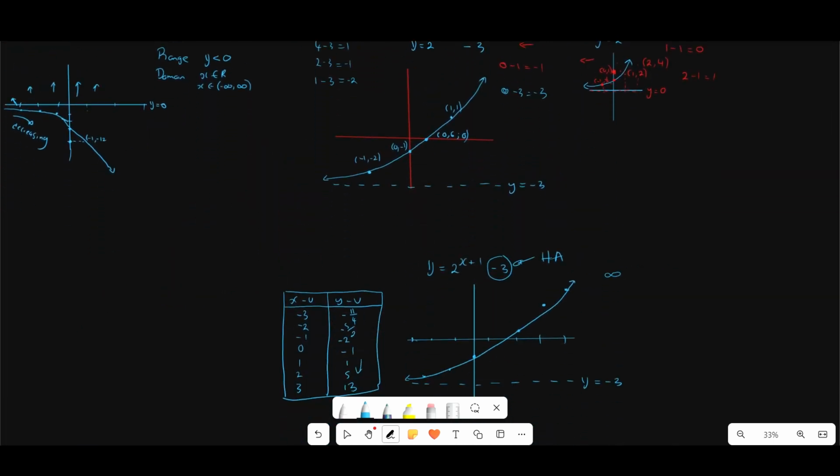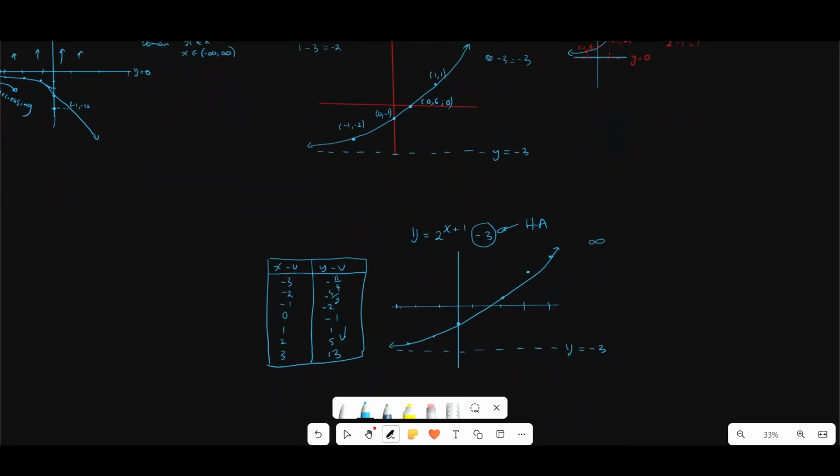So with either method you'll get your answers, as long as you have your y-intercept and your x-intercept and any coordinate that you wish. You can plug in any coordinate that you want on the graph. As long as you have these, here it might be 4 marks: 2 marks for the coordinates, 1 mark for the shape, and 1 mark for your asymptote.